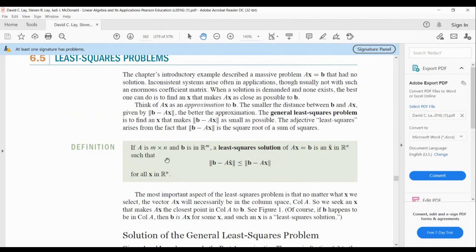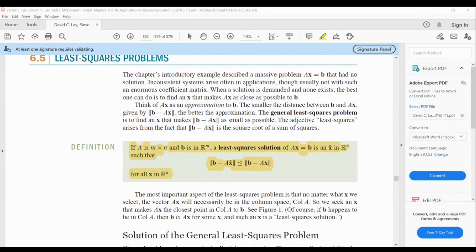The idea here is that if the difference between A times x hat and the vector b, if that distance is smaller than the distance between the vector b and any other vector A times x, we call the vector x hat a least squares solution of our system of equations.